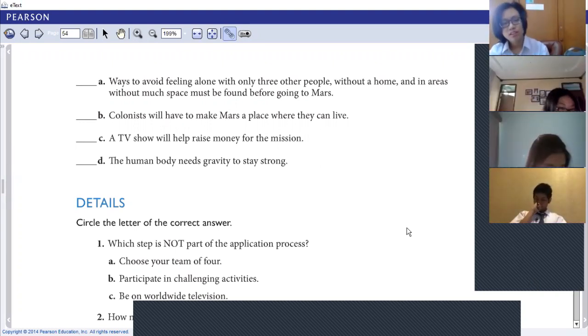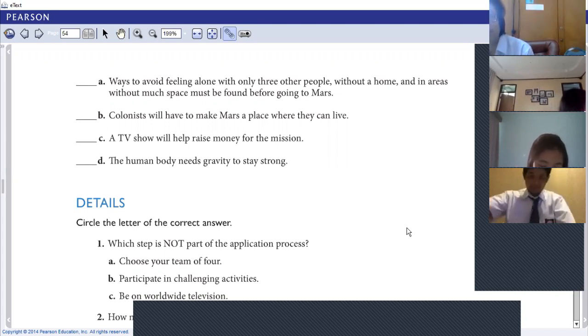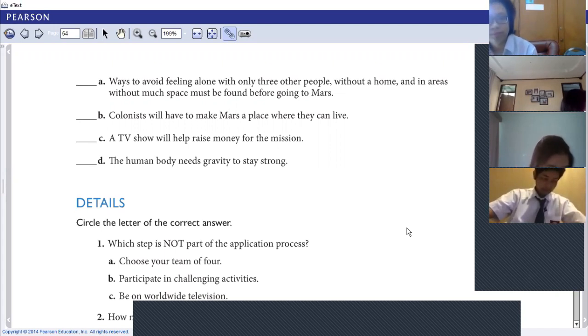Amanda, can you do C? 2. Yeah. Do you know which sentence it is? No, I just guessed it, because I haven't really done it yet. Okay. So C is 2, I mean.